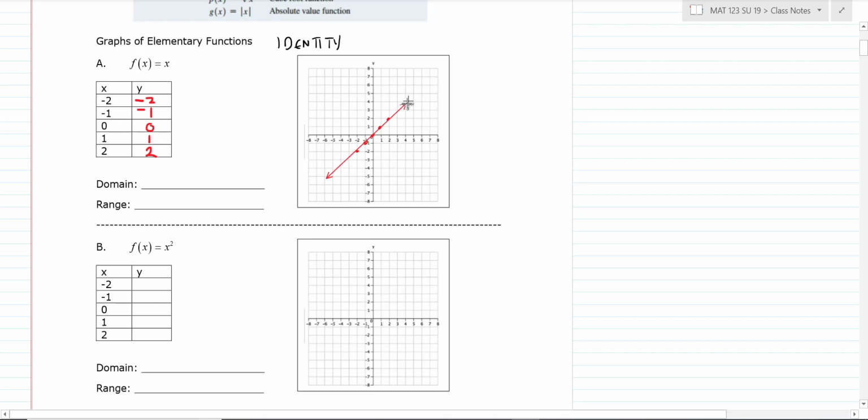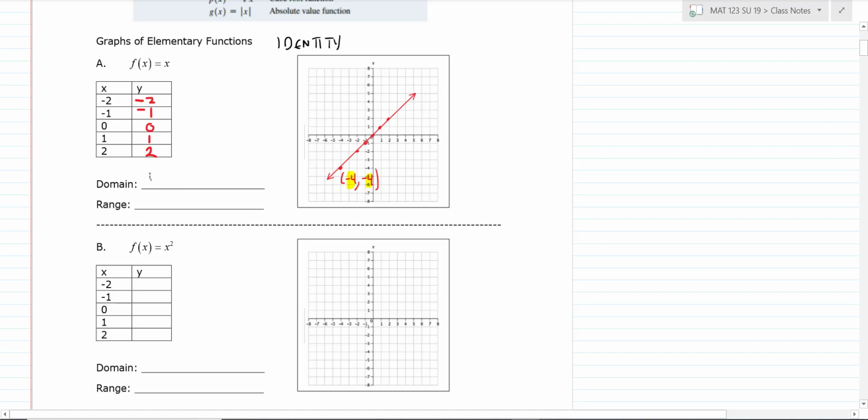It's just a straight line that goes through this group of points, right? So anywhere on this line, for instance, would be the point -4, -4. x and y are identical to each other. All right, as we go through this, we'll talk a little bit about what the domain and range are. The domain is what x can be. So it's what we can plug in to this function.